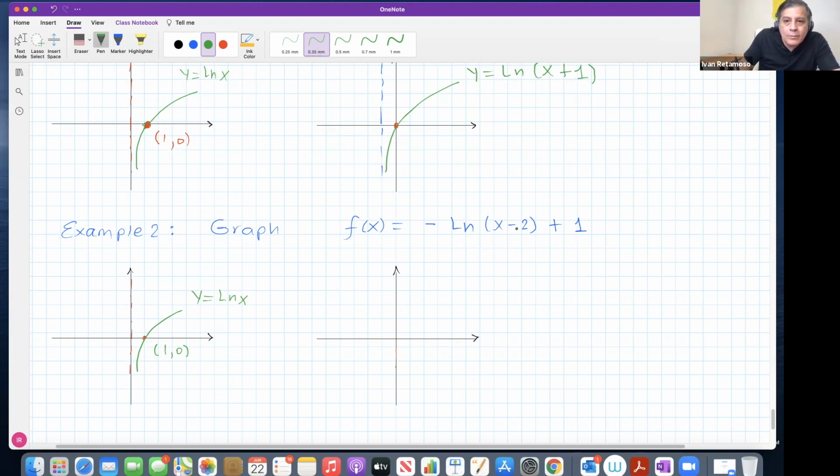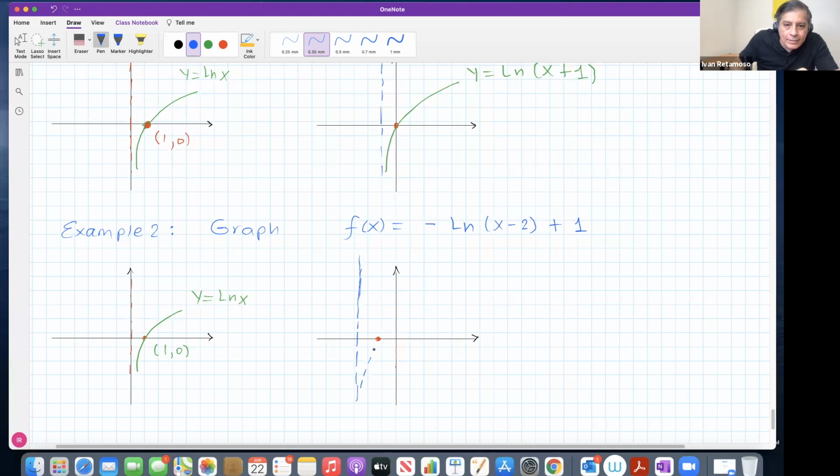But when you move it 2 units to the right, it will appear here, 1 unit away. This vertical asymptote will appear 2 units to the left now of the origin, right? Right there, you're supposed to get this done, right?